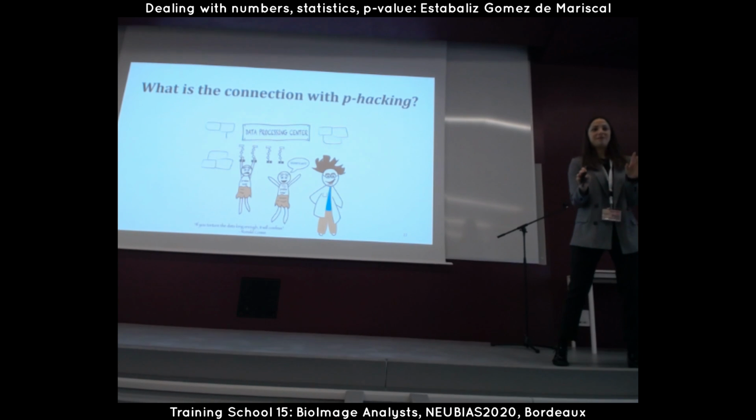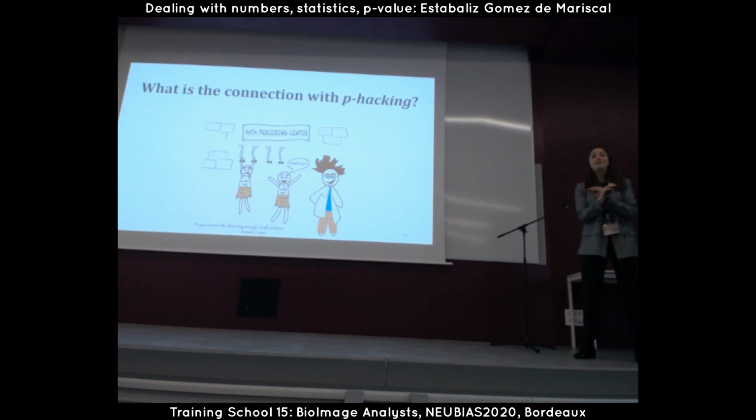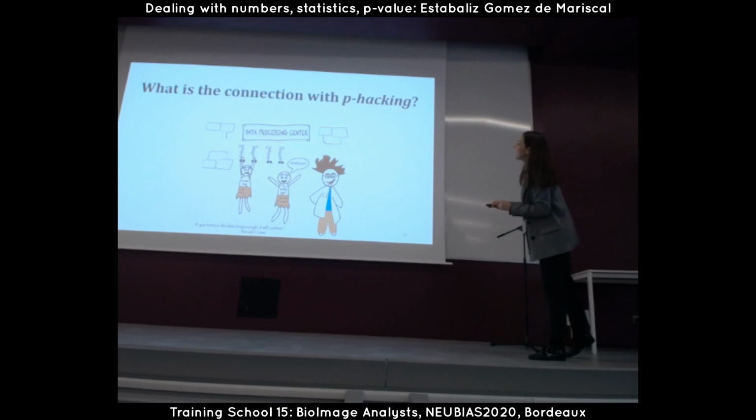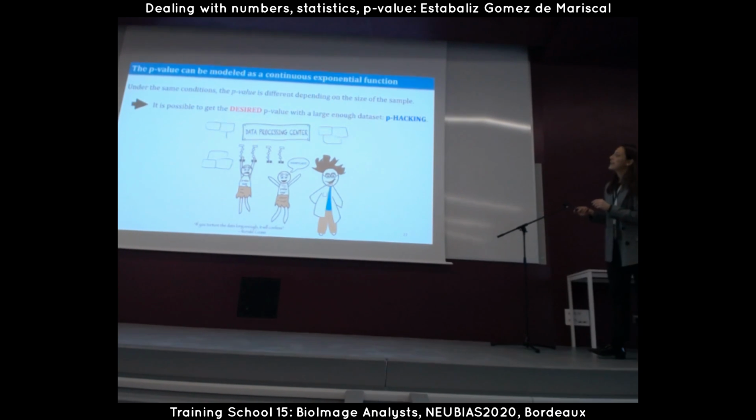Even in this case here, because these follow a uniform distribution, you will always find something that supports the conclusion you want, but not the true conclusion. So, under the same conditions, the p-value is different depending on the size of the sample, so it is possible to get the desired p-value with a large enough data set.